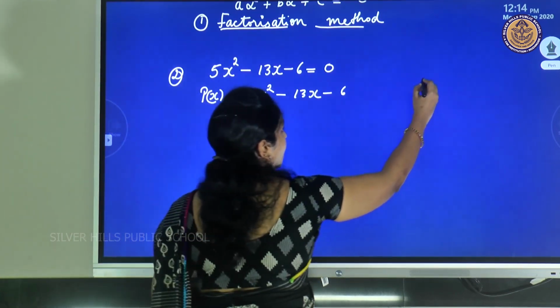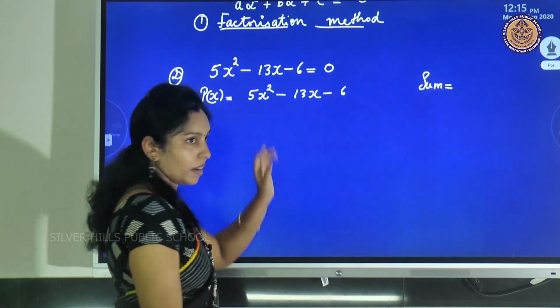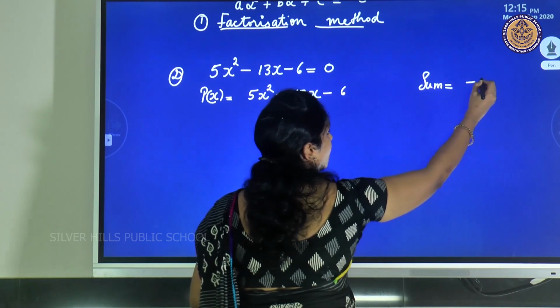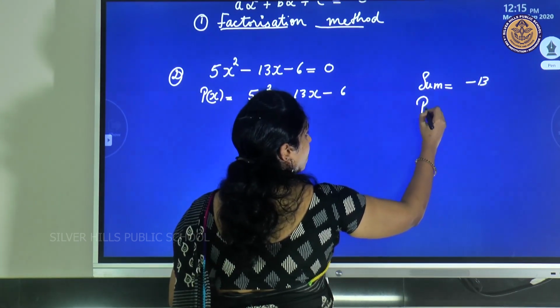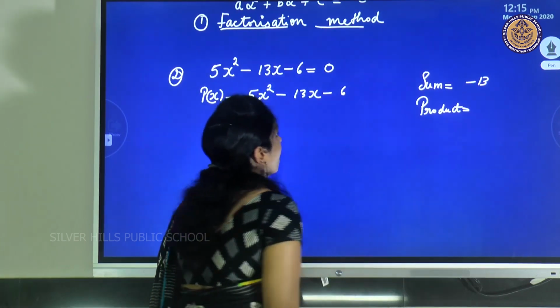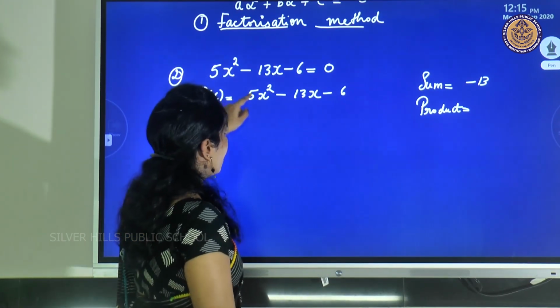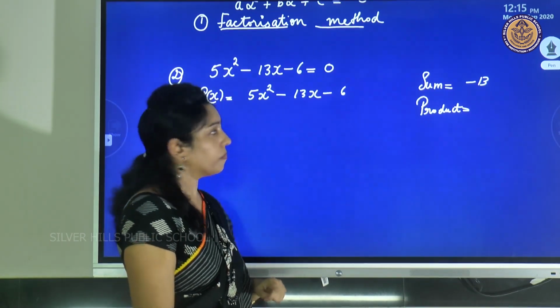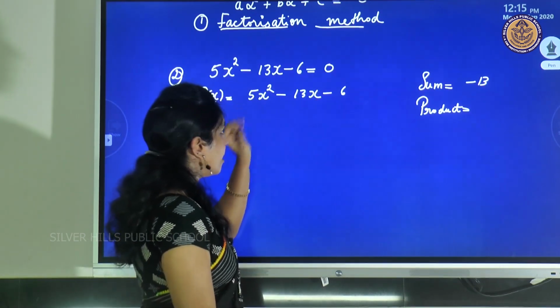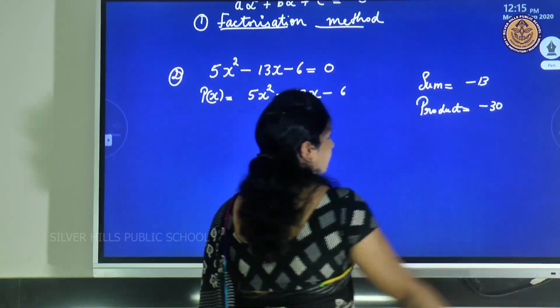We need to select two numbers whose sum is the coefficient of x. So what can we write here? Sum is equal to the coefficient of x, which is minus 13. And what is the product? Product equals the constant term into the coefficient of x square. So it's minus 6 into 5, which gives you minus 30.